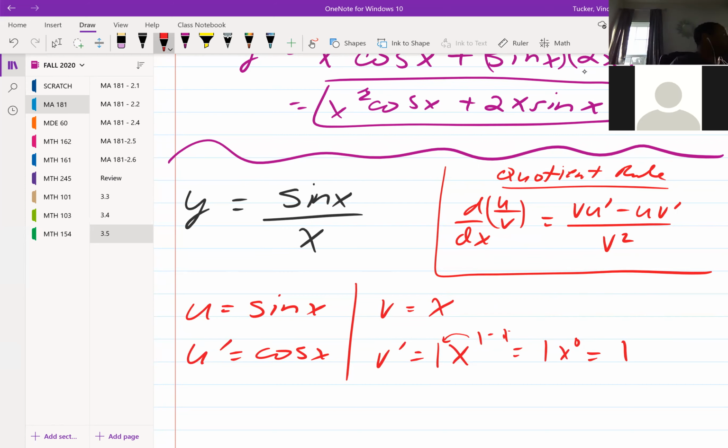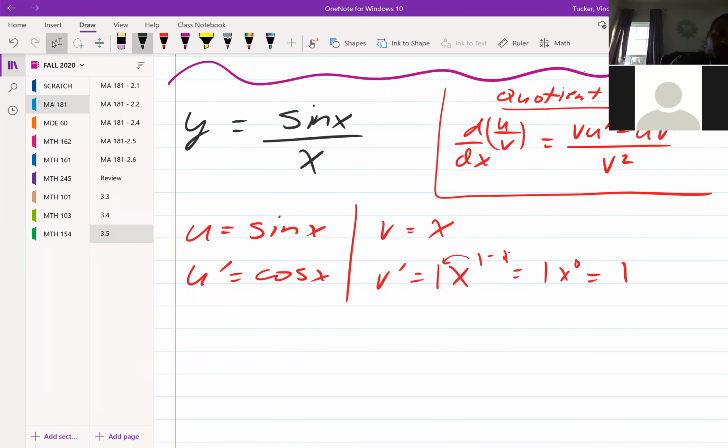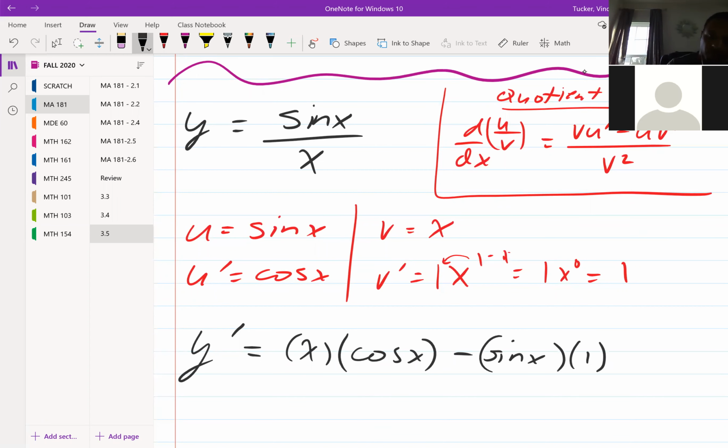So always when you're talking about the exponent for your variable, you bring that exponent down front. We're going to take the derivative, bring the exponent down front, and subtract 1 from the exponent. All right. So we got v, which is x, times u prime, which is cosine x, minus u, which is sine x, times v prime, which is 1, all over v squared.